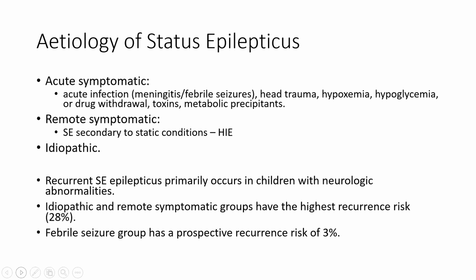The idiopathic and remote symptomatic groups have the highest recurrence risk, estimated to be about 28% in one of the studies. The children who present in febrile status epilepticus have a low recurrence risk of about 3%.